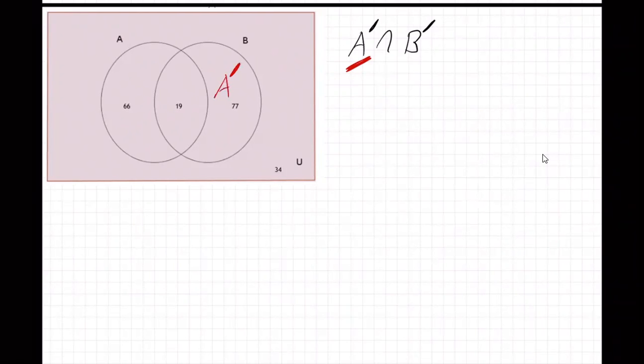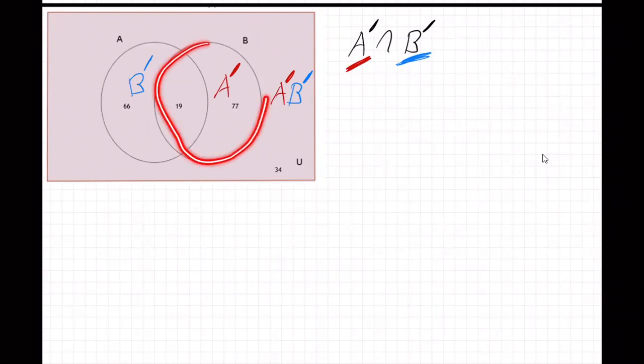That would be here and here. We good there for starters? Because this is circle A. So this and this are not in circle A. They're outside of circle A. And then the B not. What are outside of B? This and this, right? Because here's circle B. So this and this are outside of circle B, aren't they?